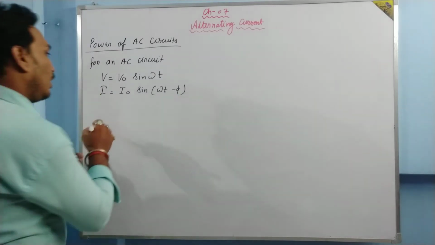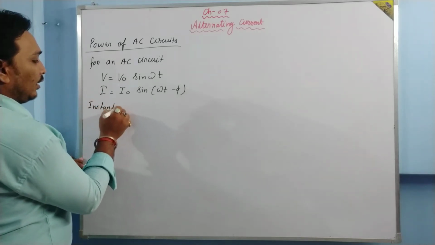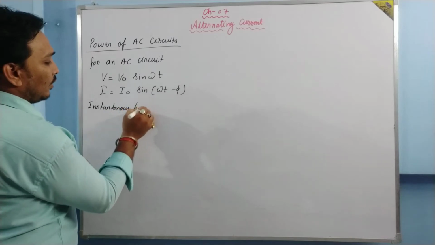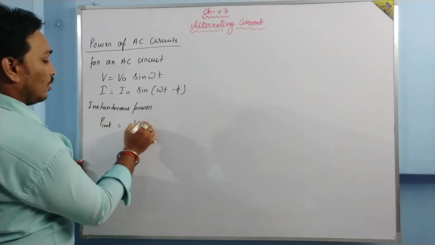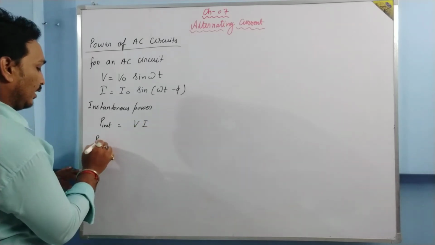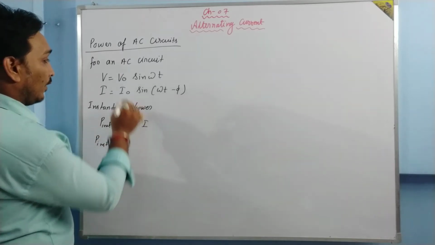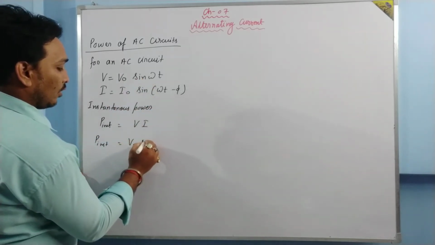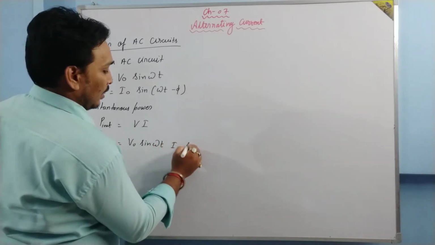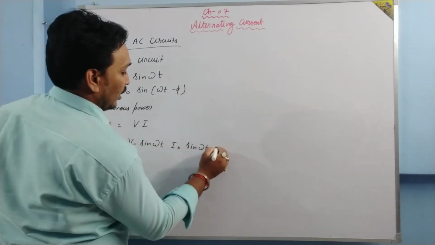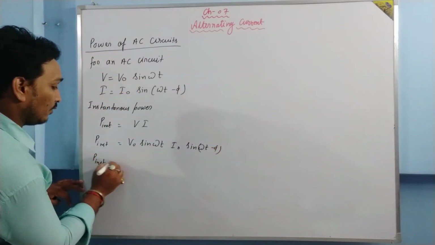Now, instantaneous power P instantaneous is equal to V into I. So P instantaneous is equal to V naught sine omega t times I naught sine omega t minus phi.